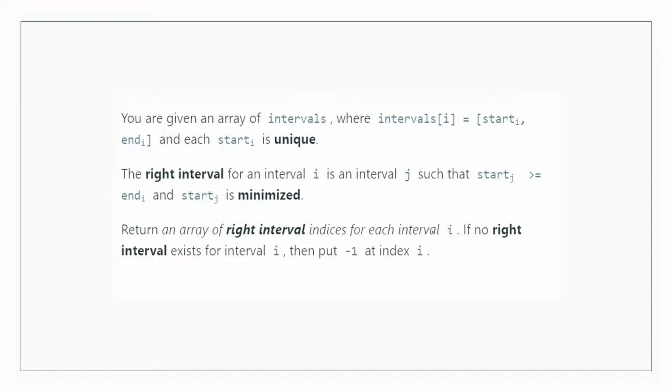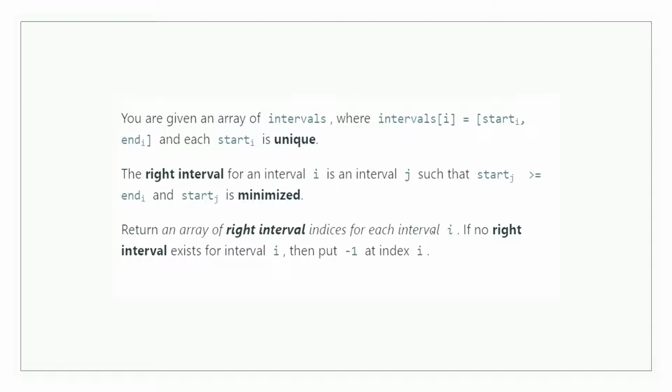There might be many intervals whose start might be greater than or equal to the end of i, but we have to select that interval for which this start is the minimum, and we have to return an array of right interval indices for each interval i.